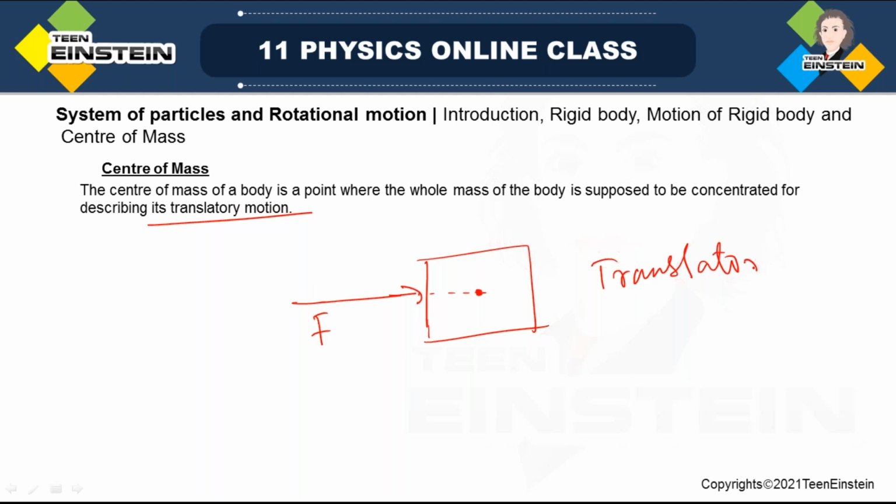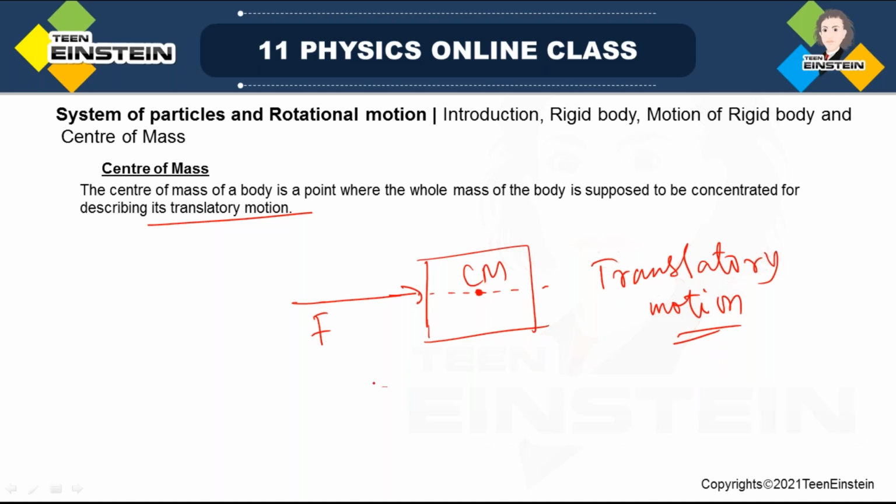Translatory motion will be there when the line of action of the force passes through the center of mass, CM, of the object.